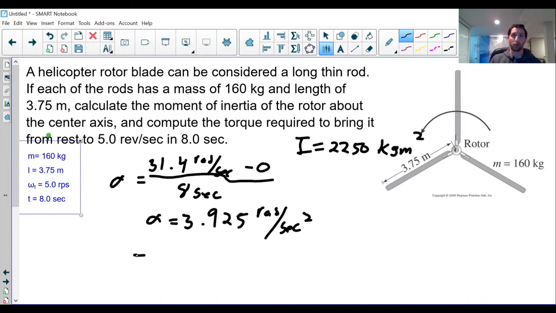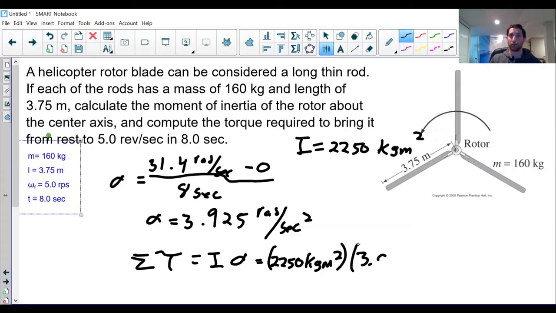So the net torque is going to be I times alpha. That's going to be 2250 times the angular acceleration, which was 3.925.